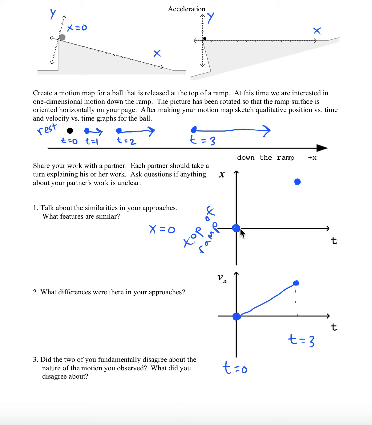And the position will actually make a curve. And these are the graphs we expect to see for what is called accelerated motion. Acceleration means there is a change happening in the velocity with time.